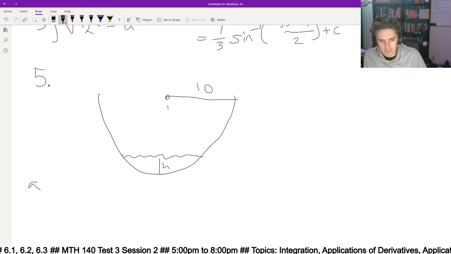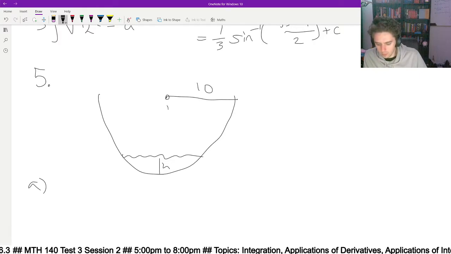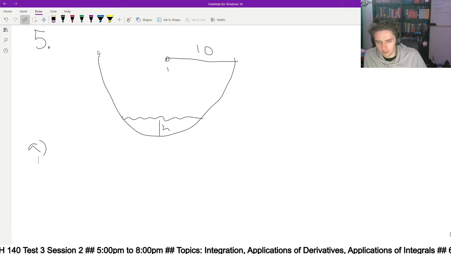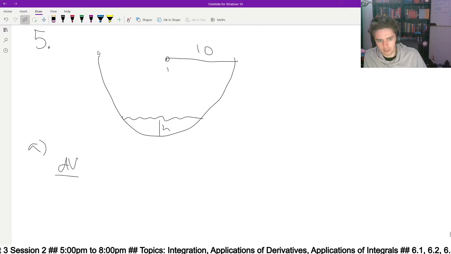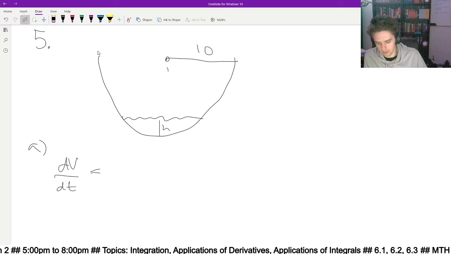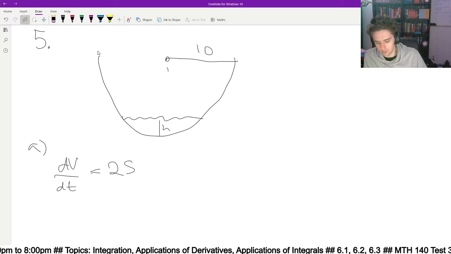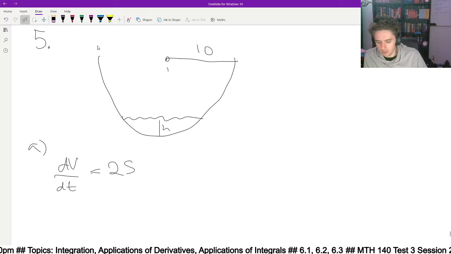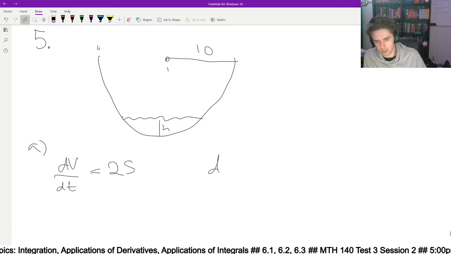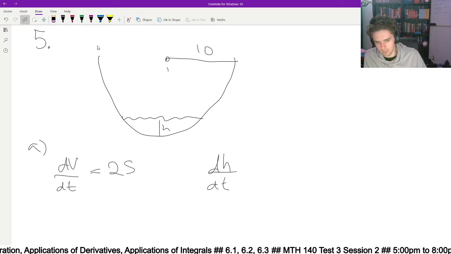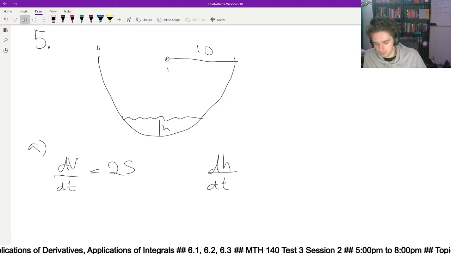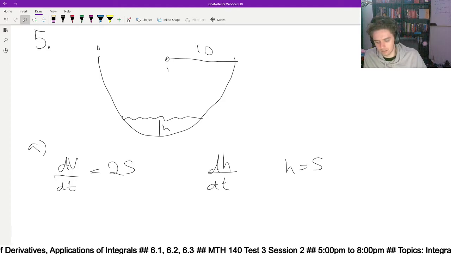So part A is asking, when the pool is being filled at a rate of dV/dt equal to 25, so it's being filled, so it's positive, find the rate at which the depth of the water is changing. We're looking for dh/dt when h is equal to 5.